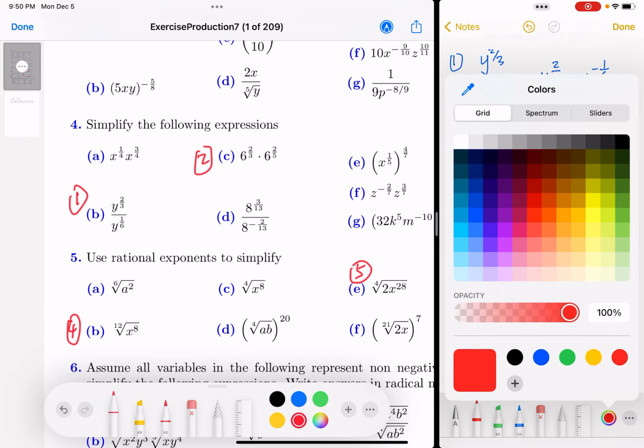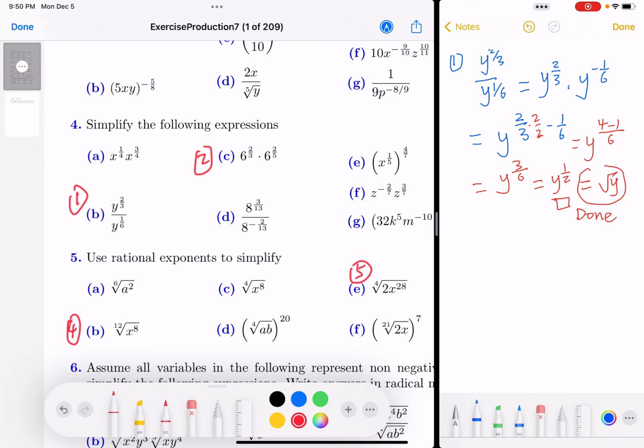Now, look at question 2. Question 2 we have here is 6 to the 2/3 times 6 to the 2/5. So you need to add 2 exponents together.